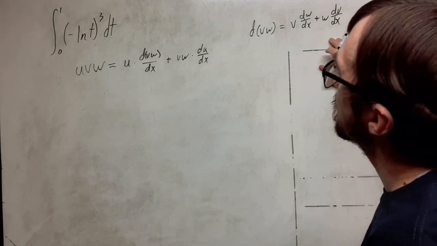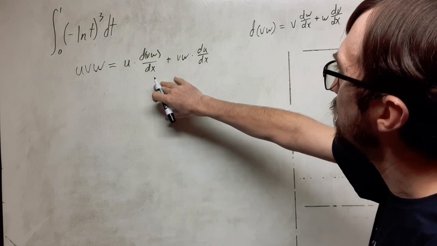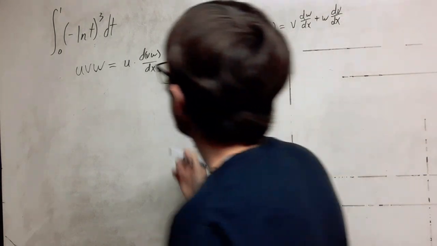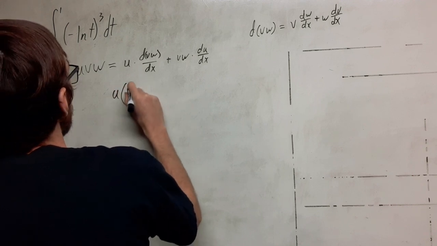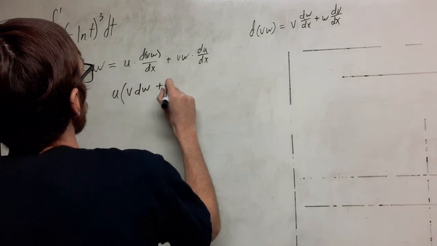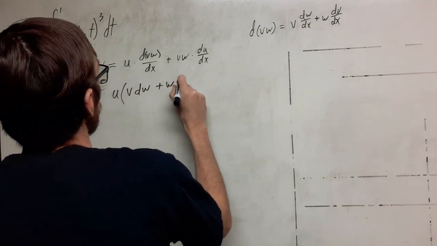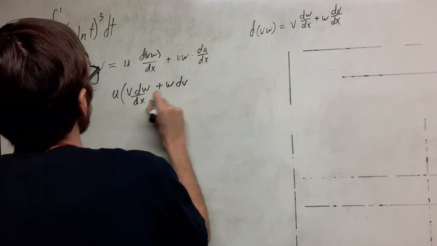All right, and then we're going to just substitute that in over here. So we have u times v dw plus w dv dx.